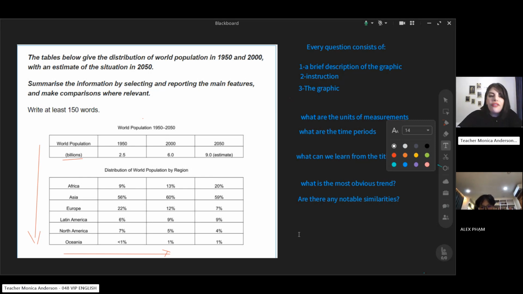So the first one, main feature 1. Let's find it. Which region has had an increase in percentage in number of people?